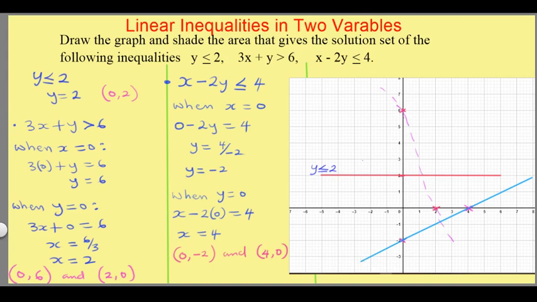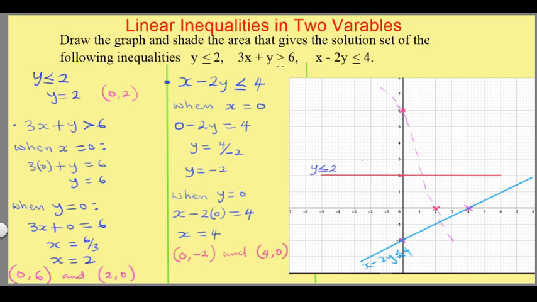Now, this is for the region x minus 2y less than or equals to 4. So if we are going to look at the region that this one says, the regions that are less than or equals to, that means the down part, the lower part.